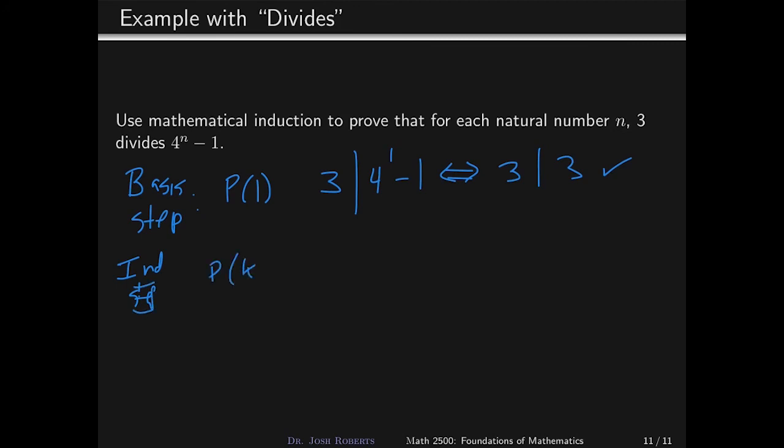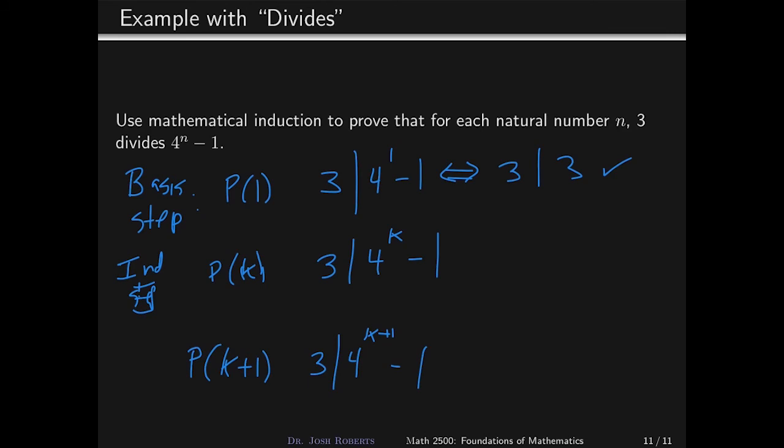P of k, what does P of k look like? What does this property look like at k? Well, it says that 3 divides 4 to the kth power minus 1. And then P of k plus 1, that says that 3 divides 4 to the k plus 1 minus 1. And it is not immediately obvious how to go from P of k to P of k plus 1.